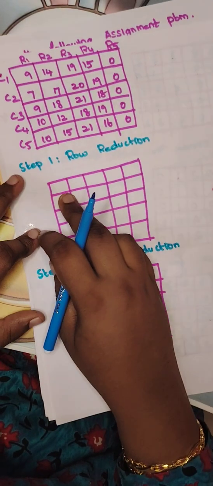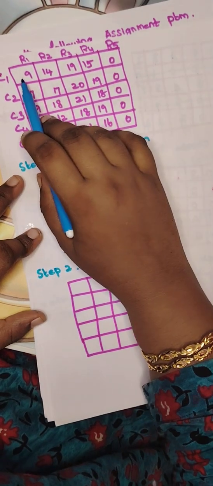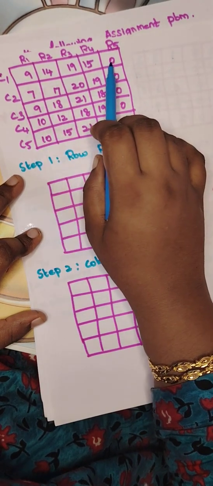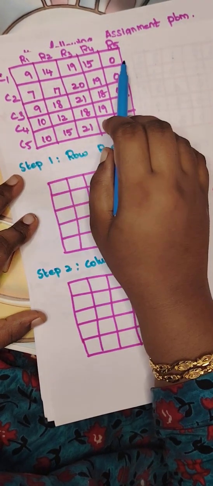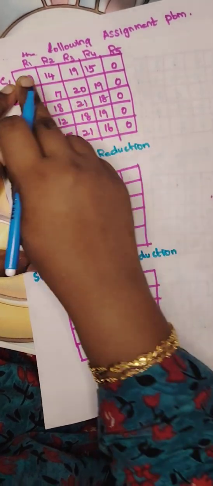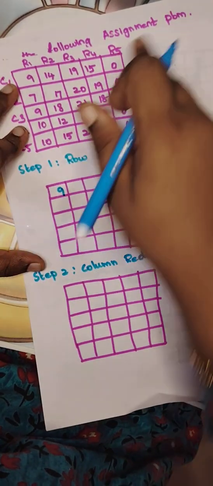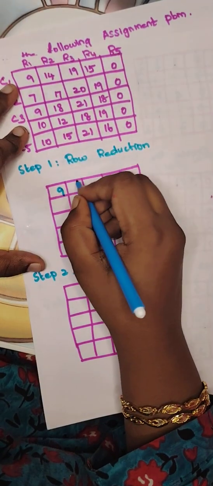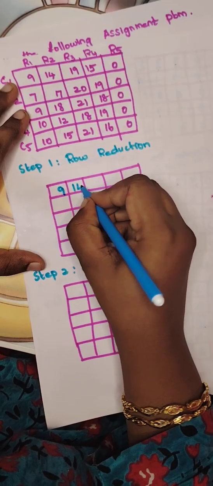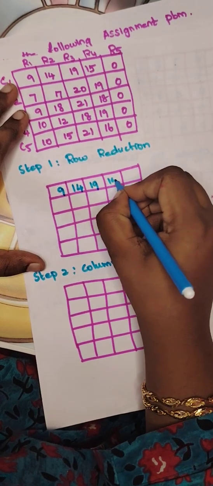In row reduction, I'll check row wise. Row wise the least element is 0, so I subtract 0 from all the elements and I get the same values. I'll write the elements as they are: 9, 14, 19, 15, 0.